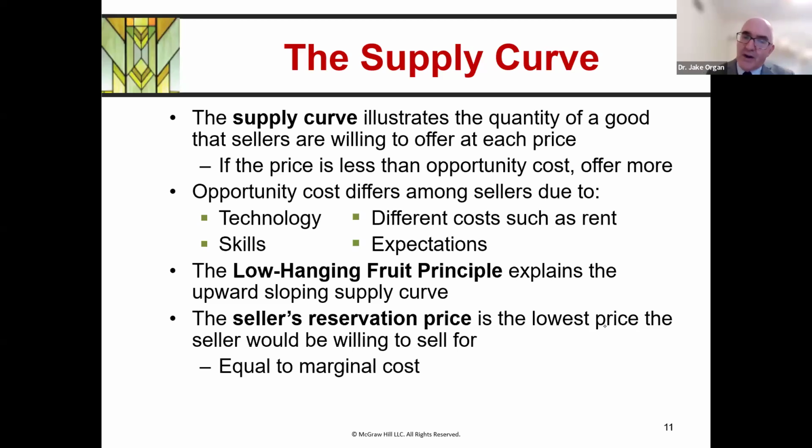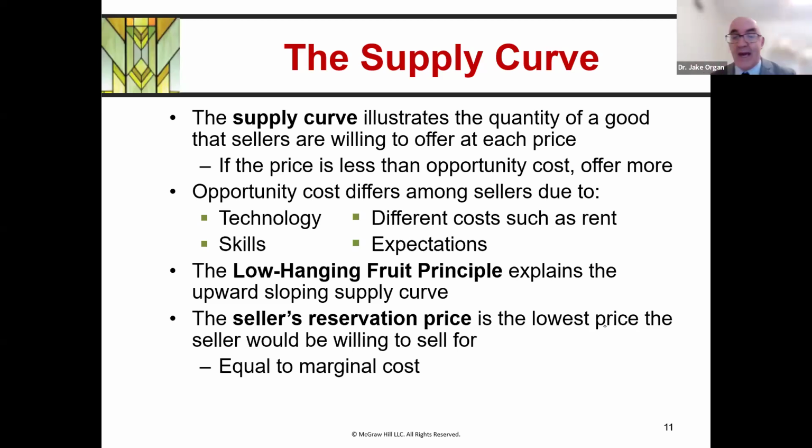And so the opportunity cost among sellers is different due to technology, different rents, maybe different expectations, different skills. Ultimately, the low-hanging fruit principle explains the upward sloping supply curve. As prices go up, more people are going to jump in, more people are going to sell. If you think you can get a sale, it's like, oh, there's money to be made in pizza because prices are high.